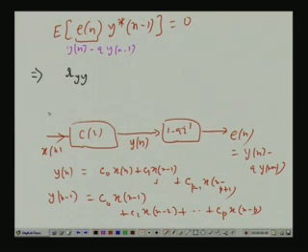Now, since there are several processes involved, let me bring in the subscript. So, R y y 1 minus q R y y 0 is equal to 0. So, q R y y 0 equals R y y 1. R y y 0 is E of mod y n square, or E of mod y n minus 1 square. Of course, we are considering WSS processes. So, this is one relation we find.